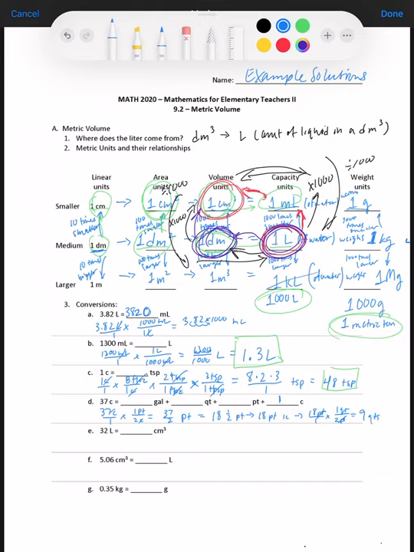Now we want to take these quarts and convert them to gallons. So there's 4 quarts in a gallon. So we're going to do our 9 quarts over 1 times 1 gallon for every 4 quarts. And then we have 9 over 4 gallons.